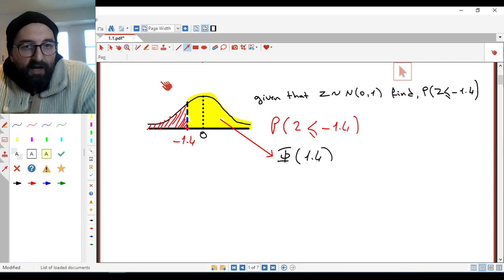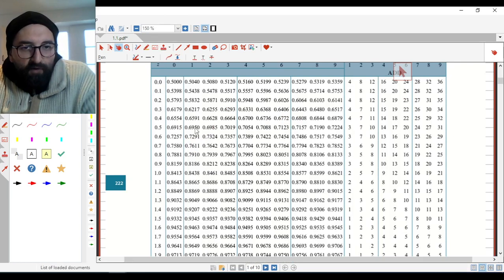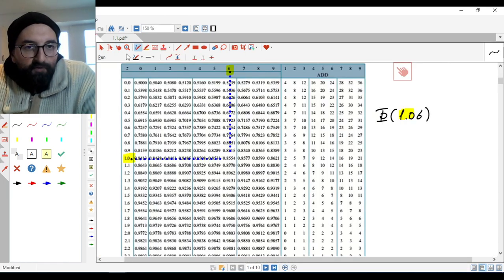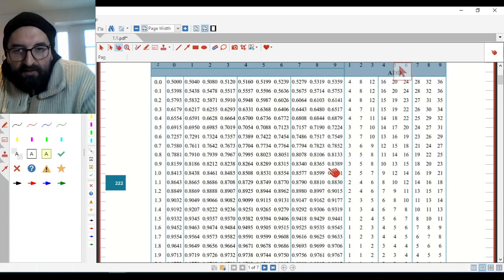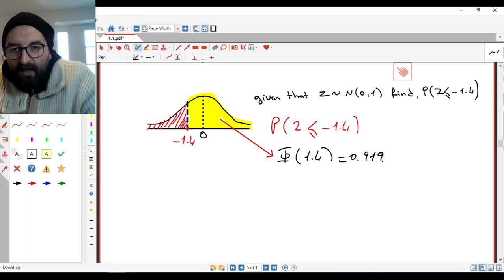And firstly, I want to find 1.4, which is 1.4 here and 0 here, and 1.4 meet this section. 0.9192.